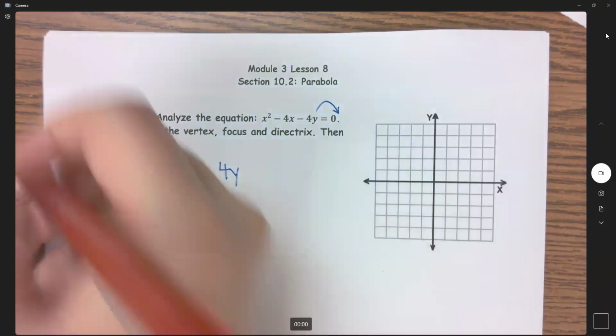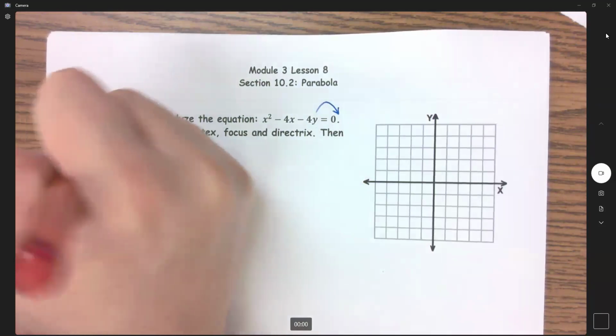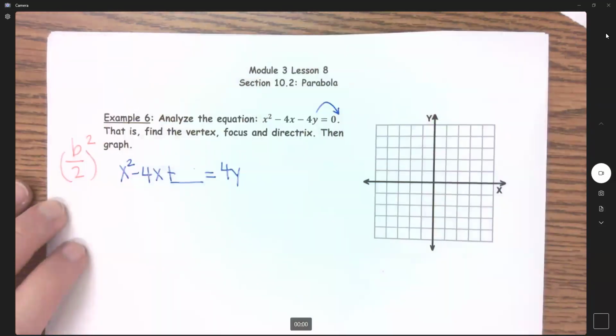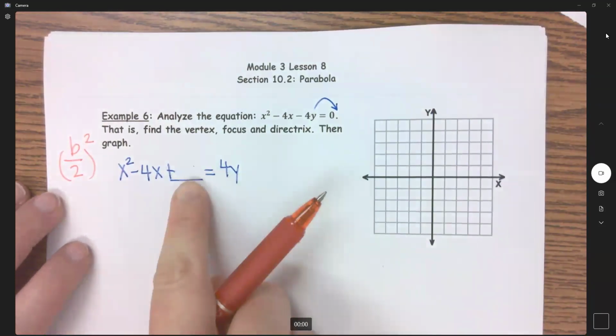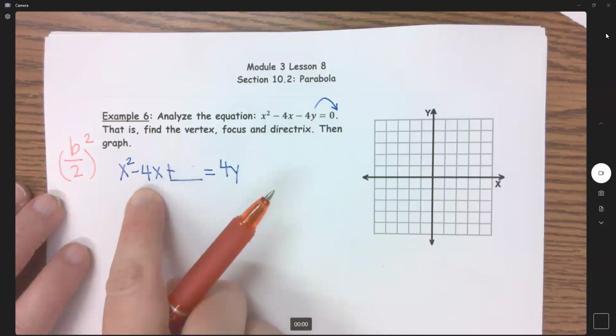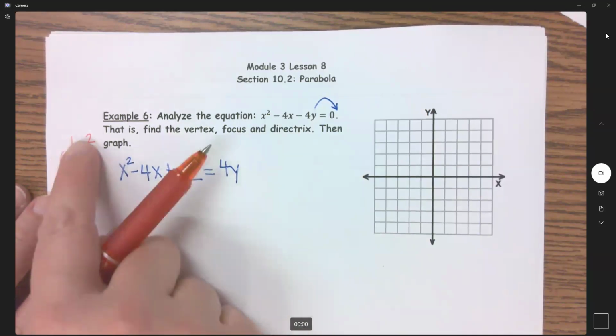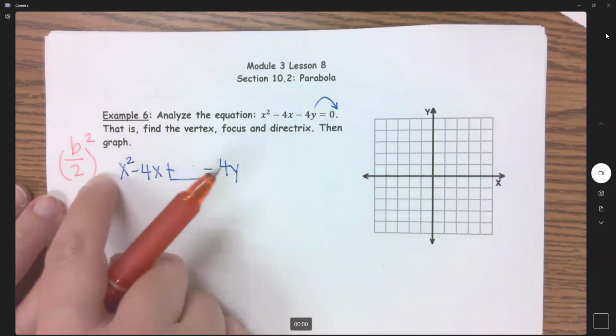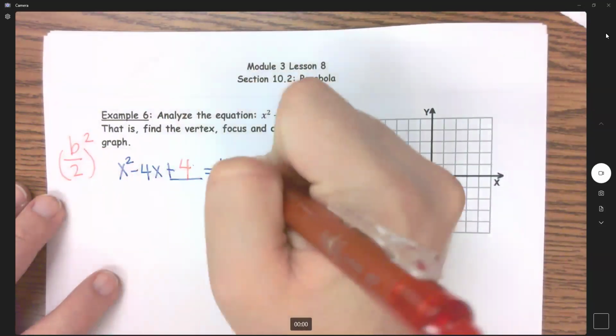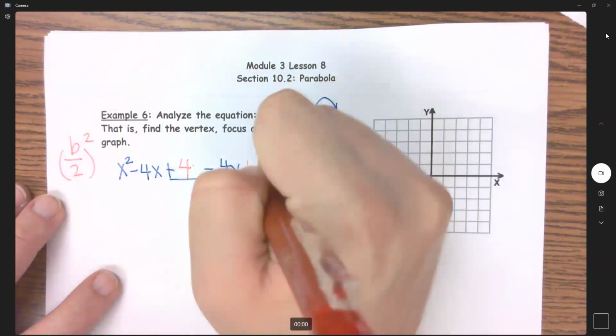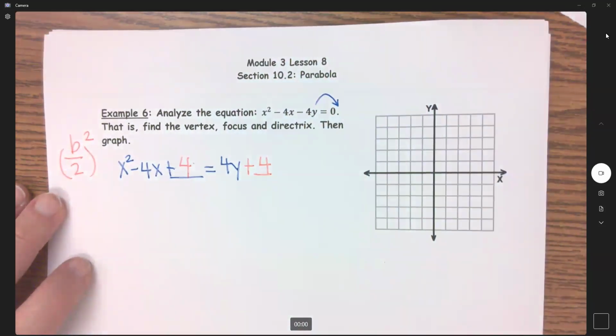Now when I have my b over 2 squared, what am I adding in here? Well, my b is negative 4. Negative 4 divided by 2 is negative 2, squared is 4. And what I do to one side, I've got to do to the other.